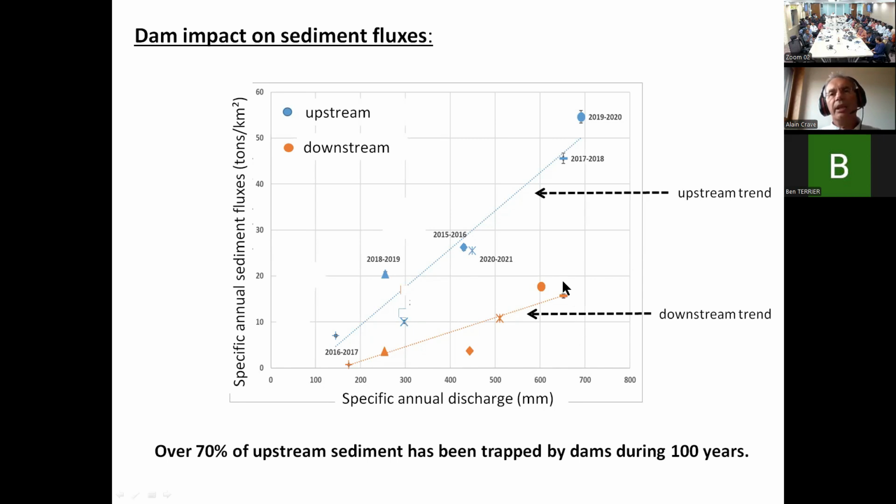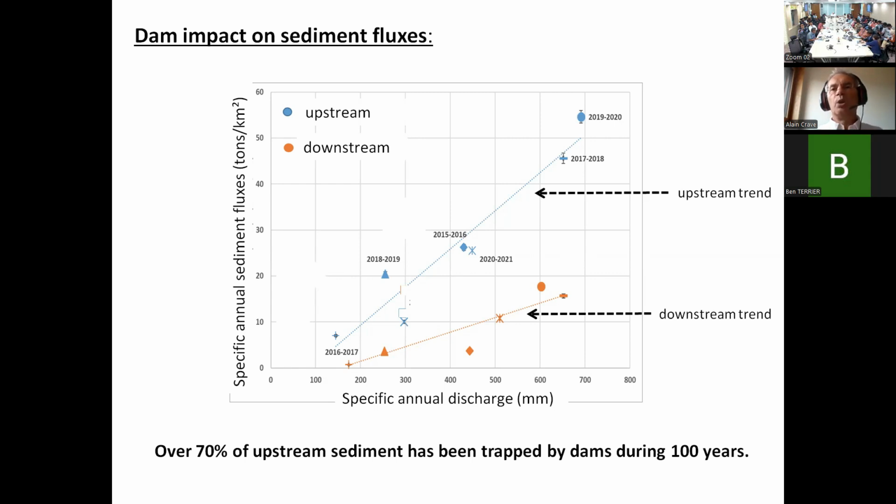And here in orange, you can see the trend of the specific annual sediment fluxes before the removal of the dam. This trend has a lower weight, and the difference between both trends shows how much sediment is trapped by the dam.